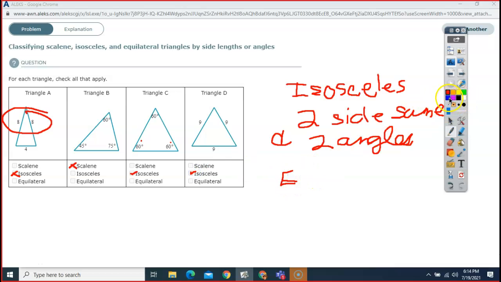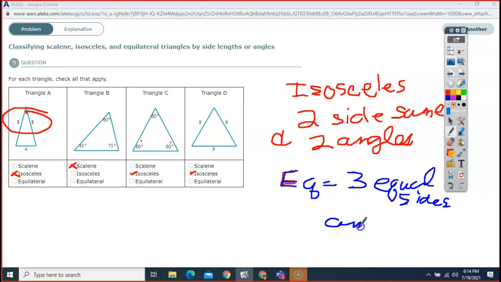Let's change the color. Equilateral has 3 equal sides, sides and angles.